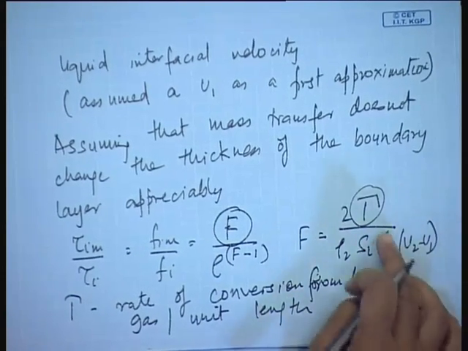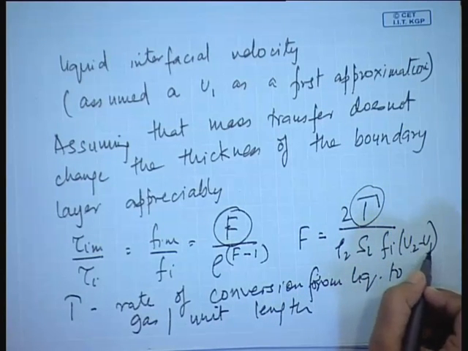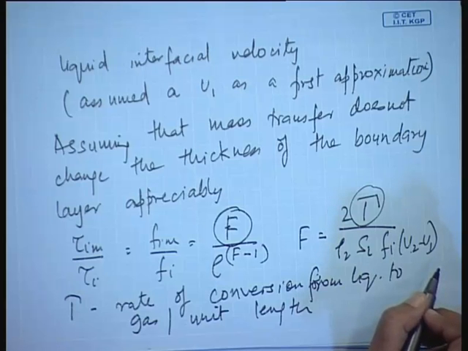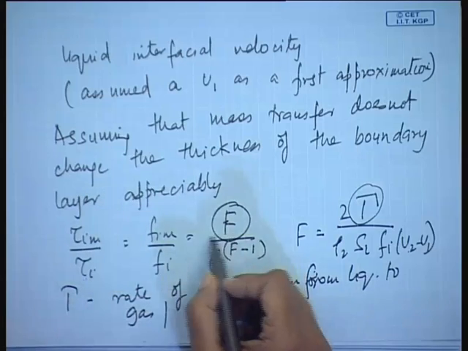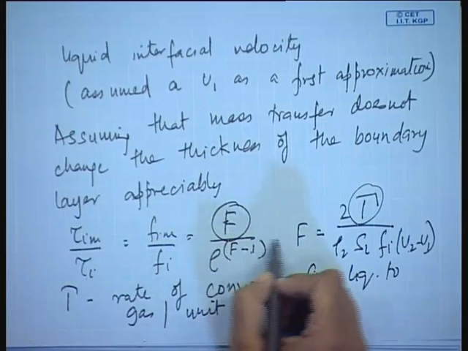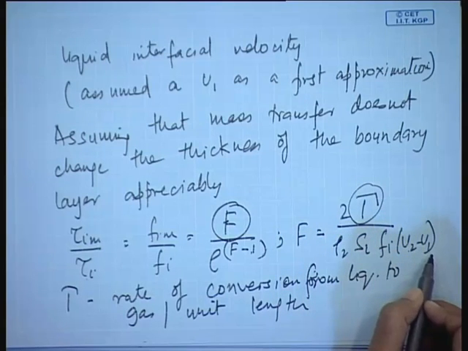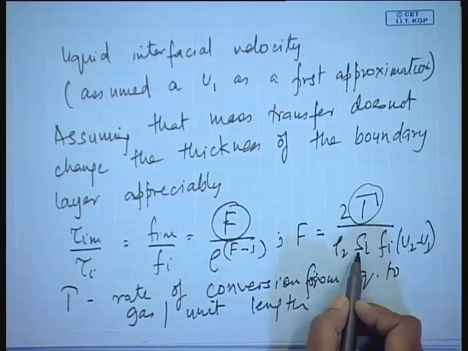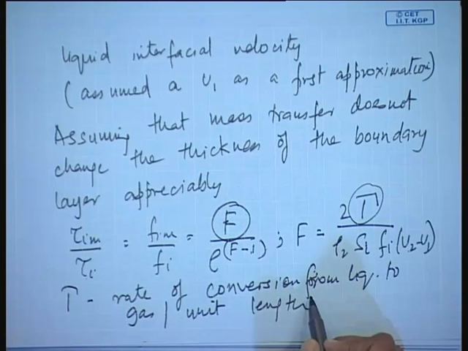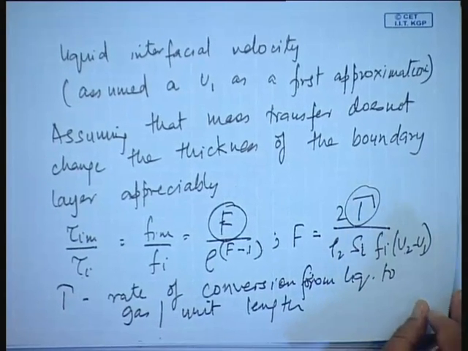And SI is the interfacial perimeter, rho 2 is the density, and u2 minus u1 is the relative velocity. So, we find that tau im by tau I can be expressed in this form, where f is 2 gamma over rho 2 SI Fi u2 minus u1, SI is the interfacial perimeter and gamma is the rate of conversion of mass from the liquid to the gas phase per unit length.